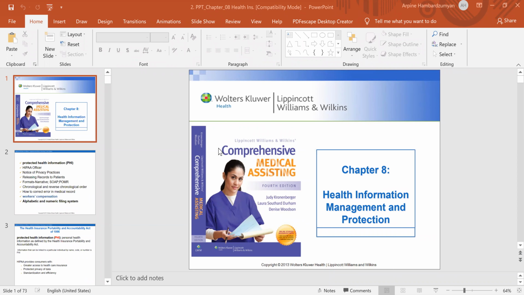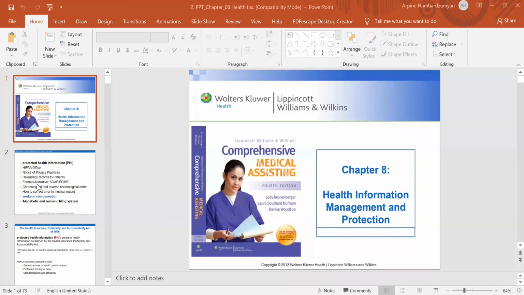The most important thing that you need to be competent in is HIPAA. So you need to know what HIPAA is and what HIPAA wants from you and your office to be compliant. It is crucial, it is very important.